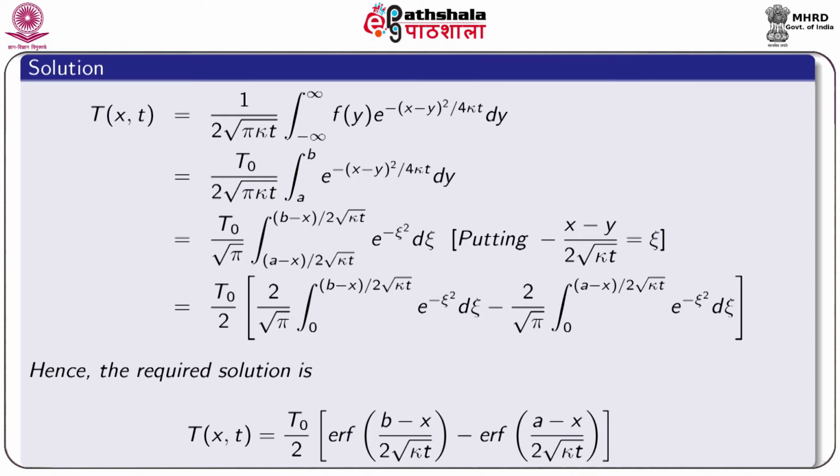So, this can be written as the error function of (b minus x) by 2 square root kappa t minus the error function at (a minus x) by 2 square root kappa t. Thus, we get the required solution for capital T for this particular problem.